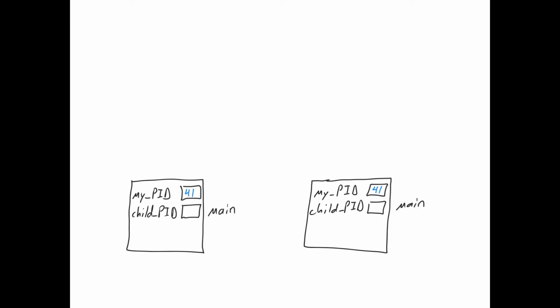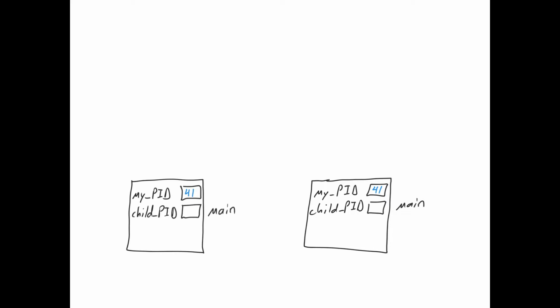Their state, in terms of the virtual memory view of the process, is almost identical. They have all of the same things in the code segment, in the registers, in the heap, and in the stack. Everything is identical except for one distinction, which is that fork returns a different value in the parent process versus in the child process.